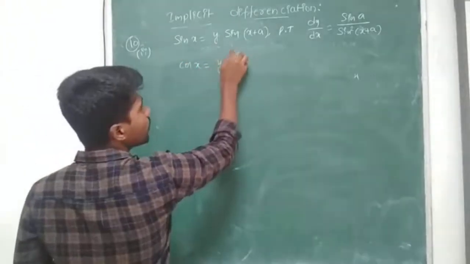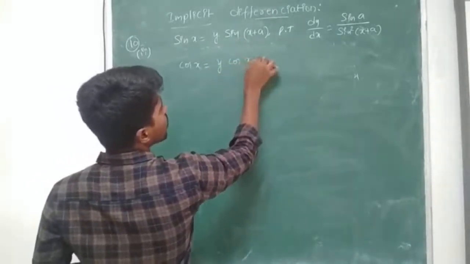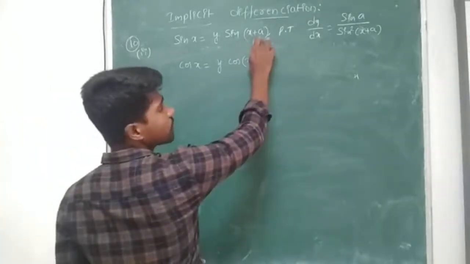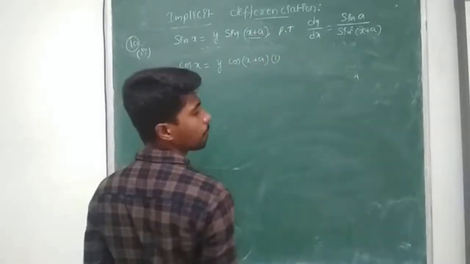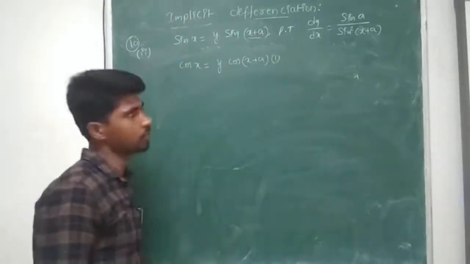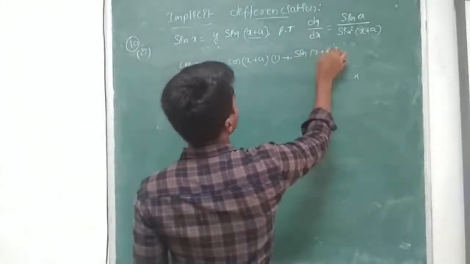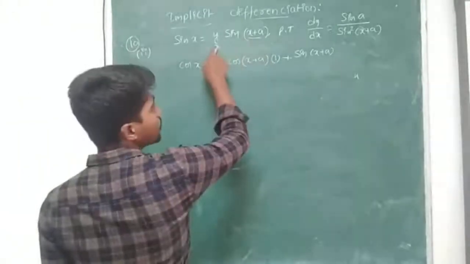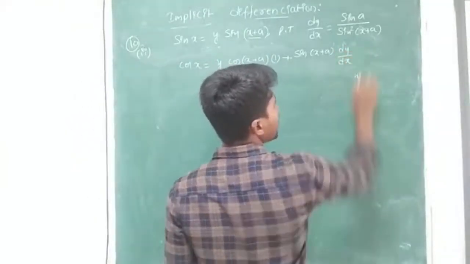So y into d by dx of sin of x plus a is cos of x plus a, and it's not just x. The derivative of x is 1 and the derivative of a is 0, plus sin of x plus a into the derivative of y with respect to x, which is dy by dx.